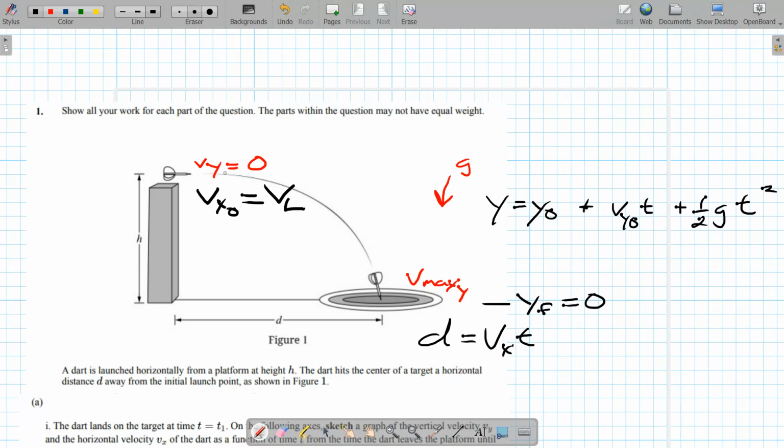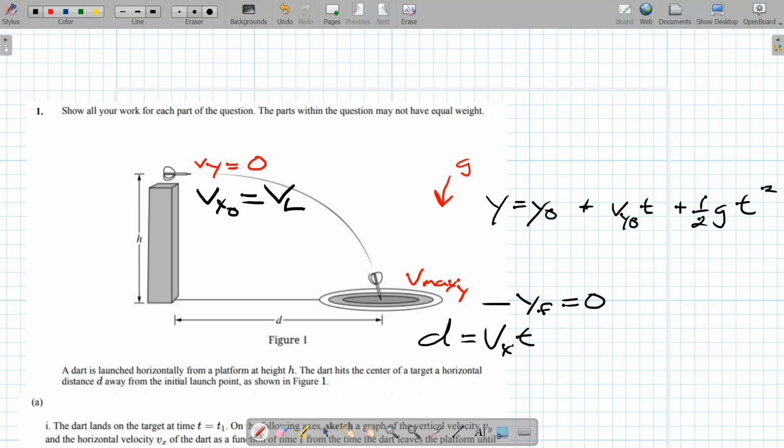Now, because we're launching it this way, there is a 0 component of the y velocity. And it has to hit the target. Well, the target is from here to here. That's a horizontal distance that we usually think of as delta x, but they're calling it d for distance. We know that gravity is going to be a part of it, and that goes in the negative direction. And this is the height. So it says the dart is launched horizontally from a platform of height h.